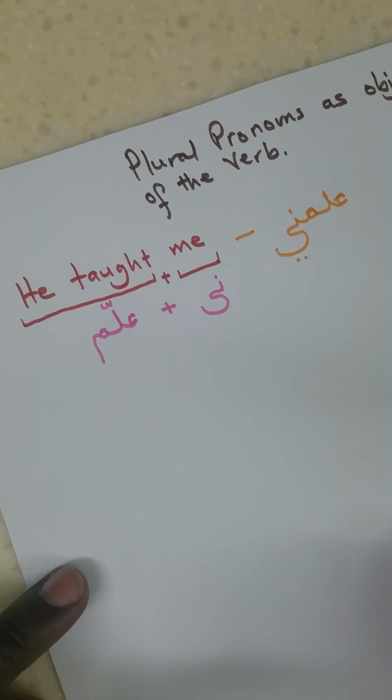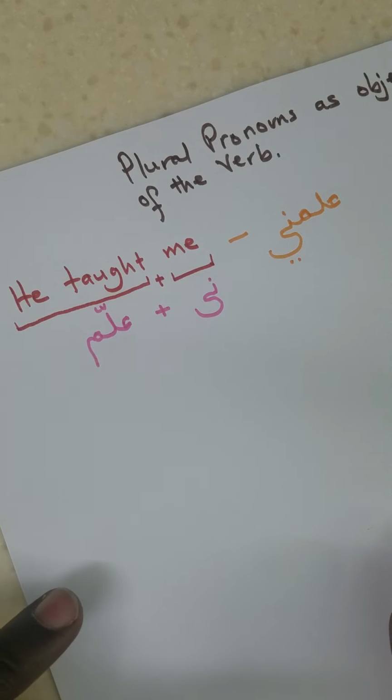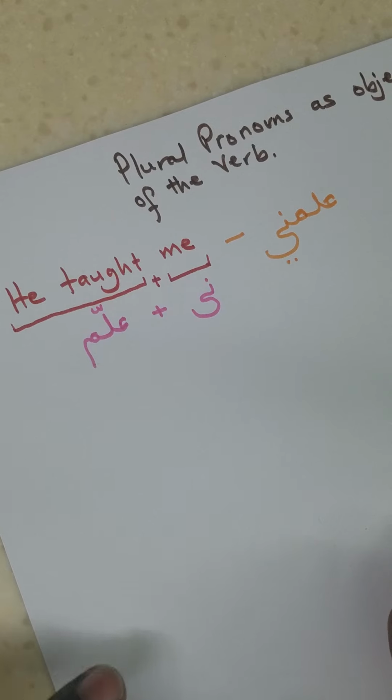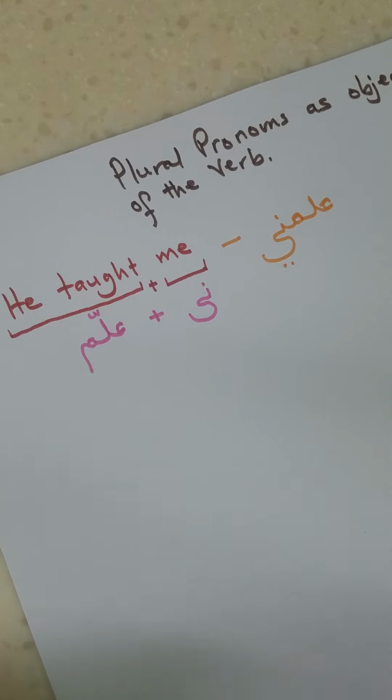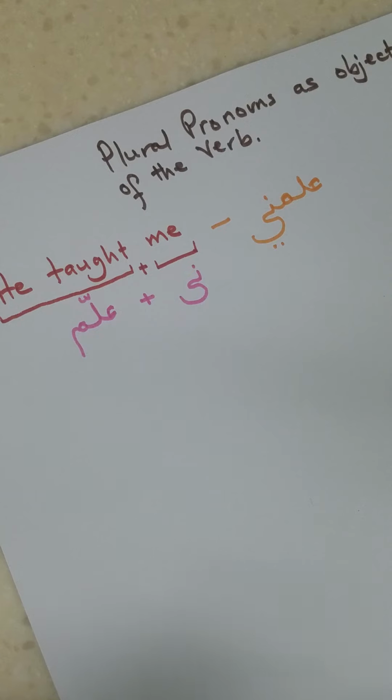If you remember that, you can see that the singular pronoun is now being used as the object of the verb allamani. Okay, we had another example. He taught you.